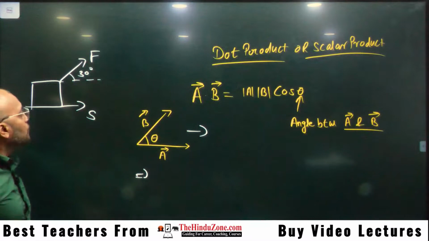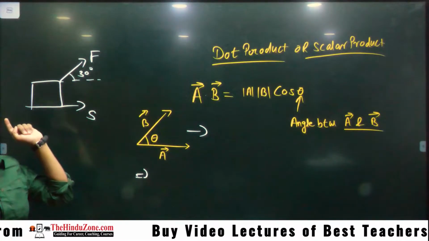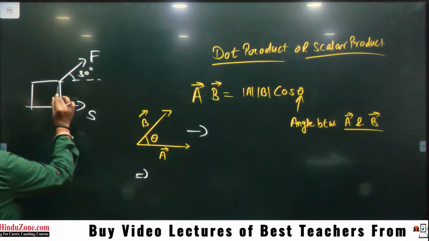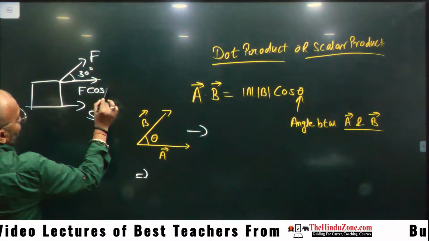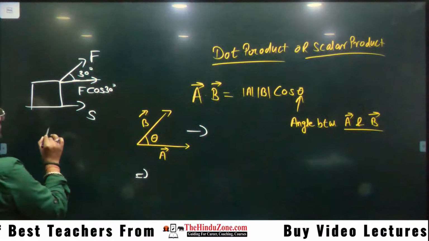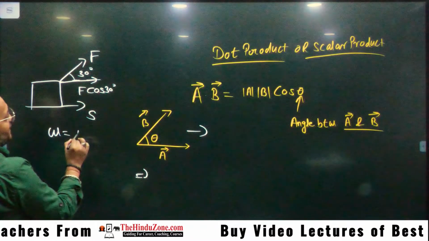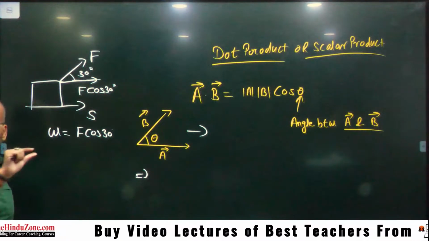So, which component of force is causing the block to move in the horizontal direction? The component of force that is making the block move in the horizontal direction is F cos 30. Yes or no? Yes, sir. So, if you calculate the work done by you, it will be F cos 30 because this force is moving the body.